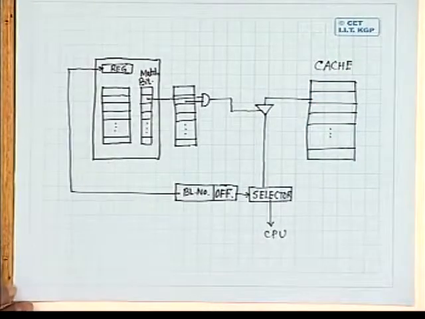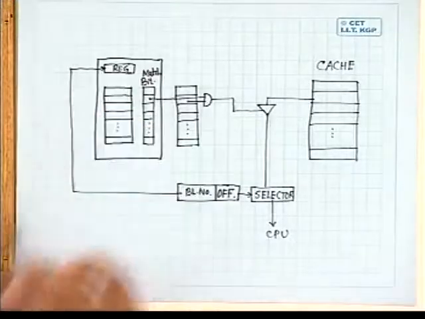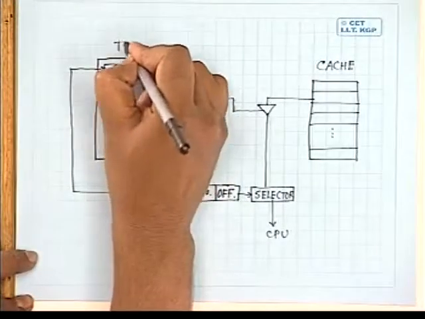So it is like this. You put the block number in a register in the cache tag memory. So this is the tag memory.